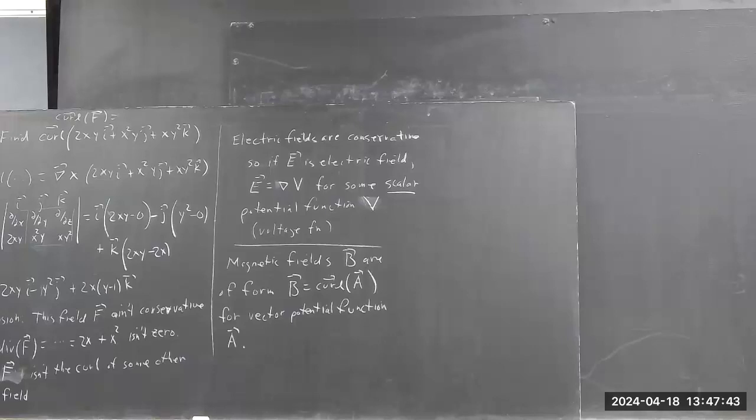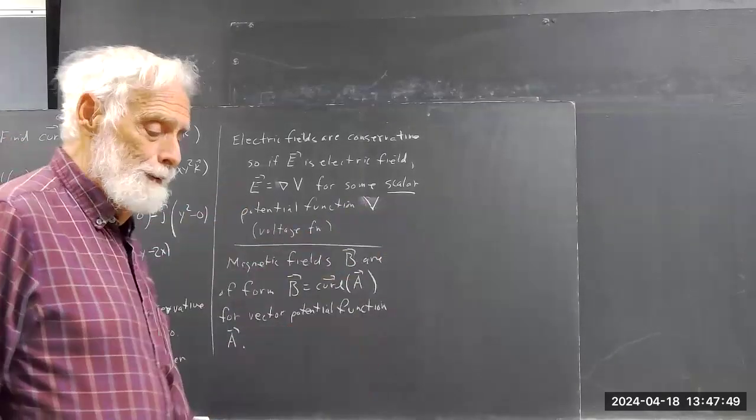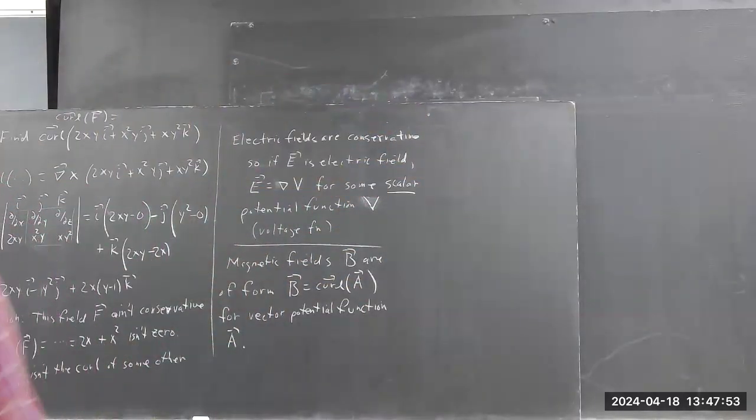Although I might well say, okay, here's what a vector potential function is. Here's your electric field. Find the vector potential difference between this point and this point. What's the difference in the value of the vector potential function between this point and this point, which just means you do the simplest line integral you can from this point to this point. I'd give you plenty of explanation, but it would be in the context of this course.